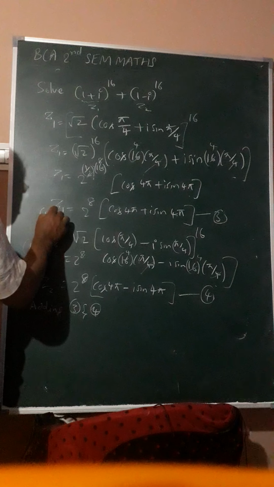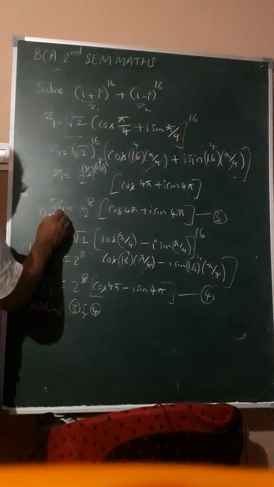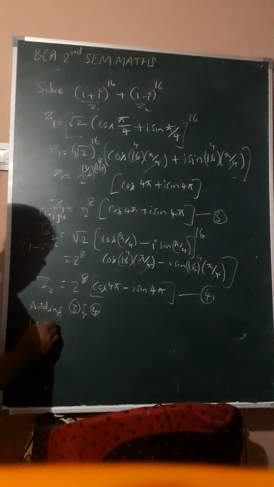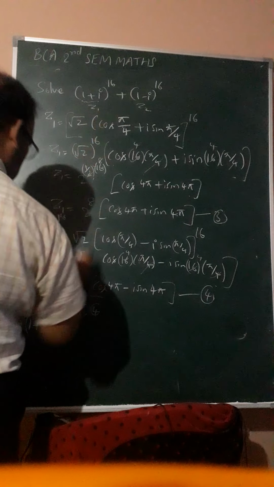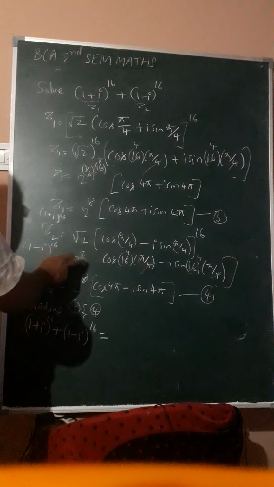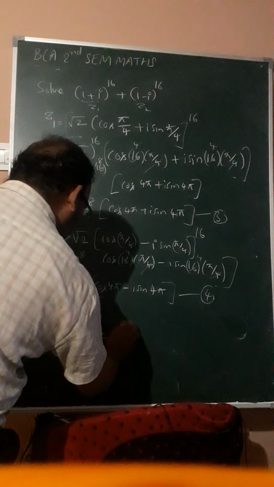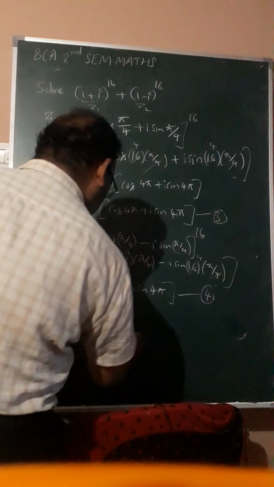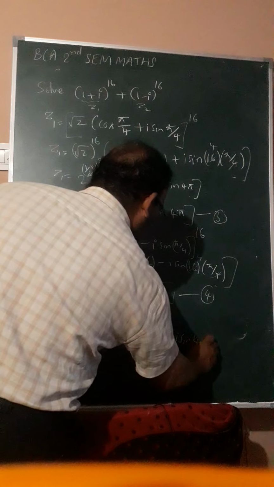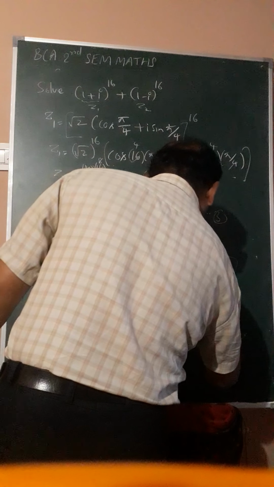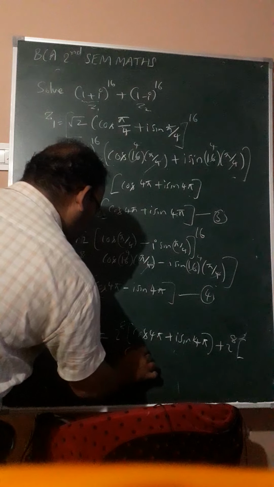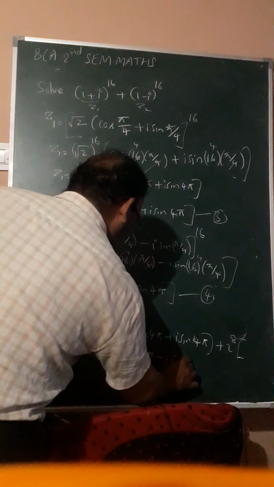Adding these, the left side is 1 plus i to the power of 16 plus 1 minus i to the power of 16, which is equal to 2 to the power of 8 times cos 4 pi plus i sin 4 pi, plus 2 to the power of 8 times cos 4 pi minus i sin 4 pi.